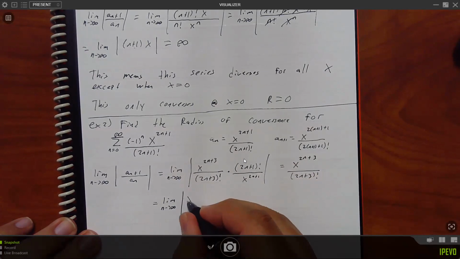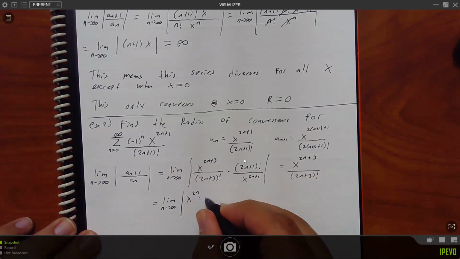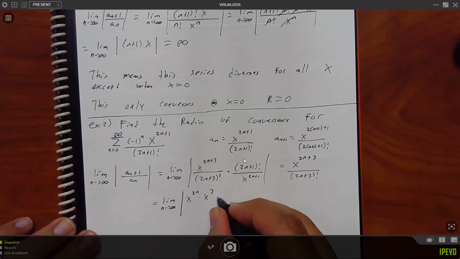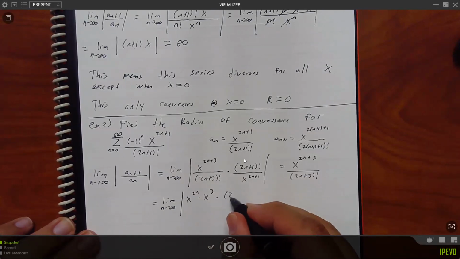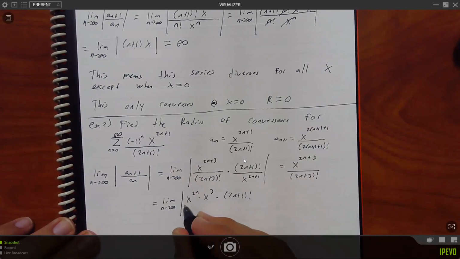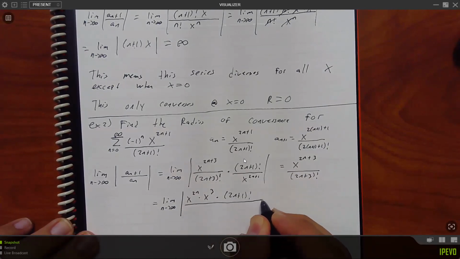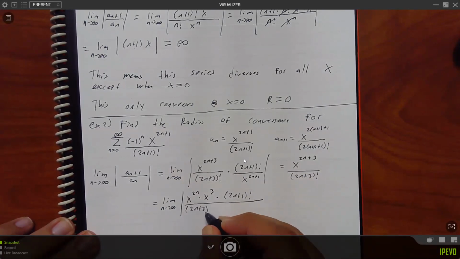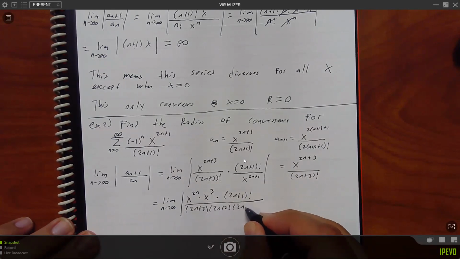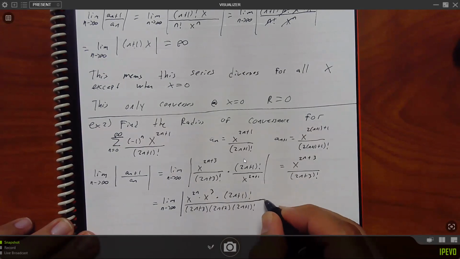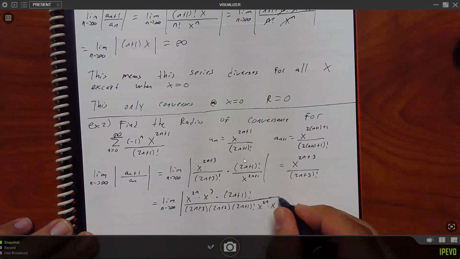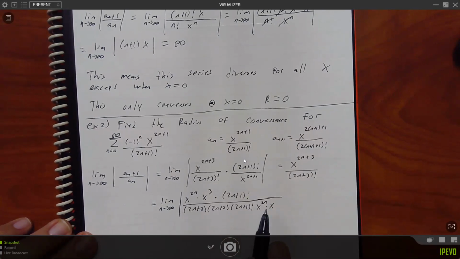So that'll be x to the 2n times x cubed, right? Times (2n plus 1) factorial over, and this one I'm going to have to expand a little bit more to get to 1. So this would start at 2n plus 3, 2n plus 2, and then 2n plus 1. Over here I'll have x to the 2n times x. So that's my 2n plus 1 right here, right?